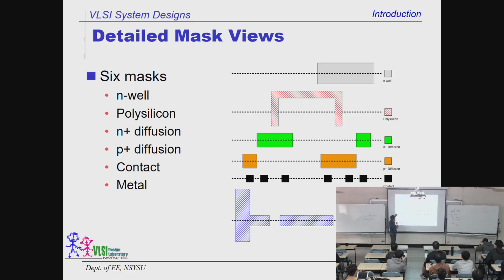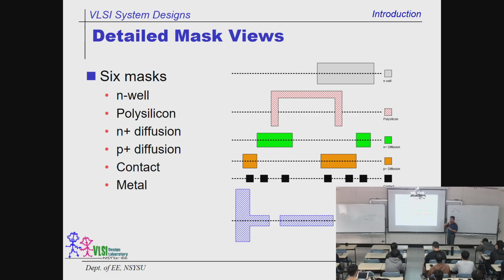So right now we need 6 masks. The first one is the N-well. And then the mask for the polysilicon. And the mask for the N diffusion, and this is for the P diffusion. And where the holes are needed, it's called the contact.